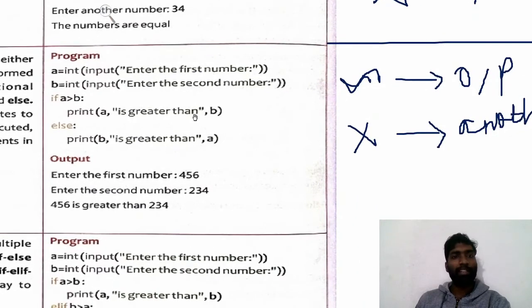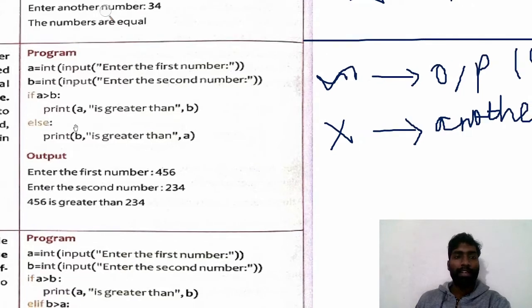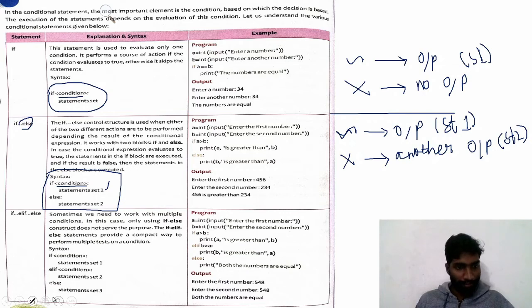See the program. A, enter the first number. B, enter the second number. If A is greater than B, this is the first condition. Else means if the condition is not tallying.